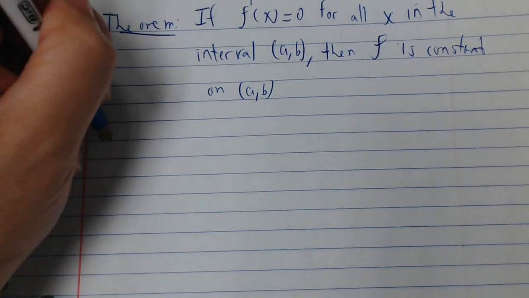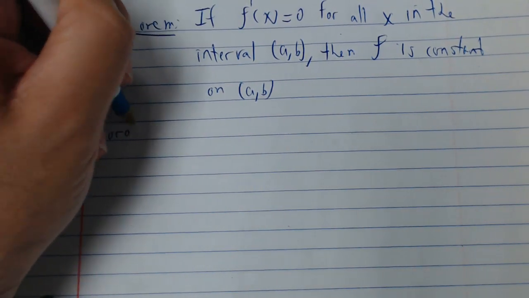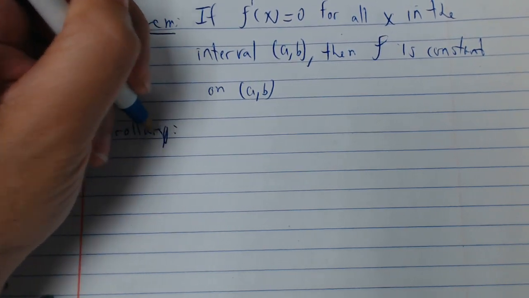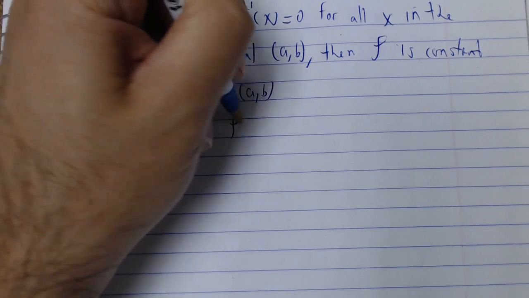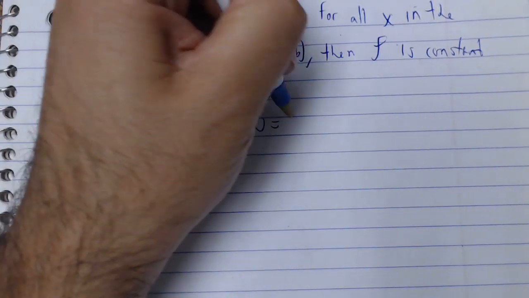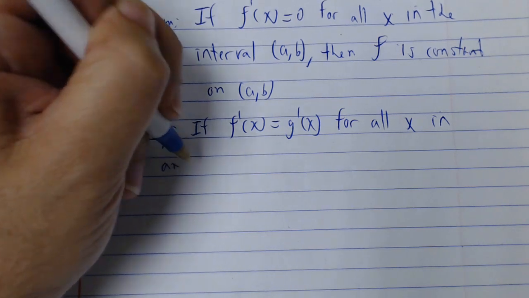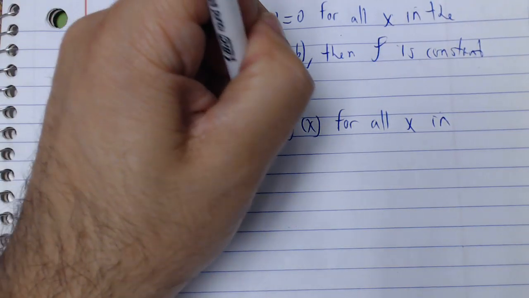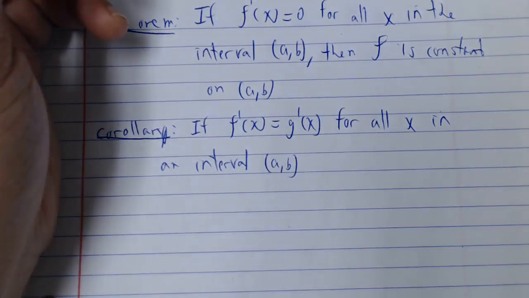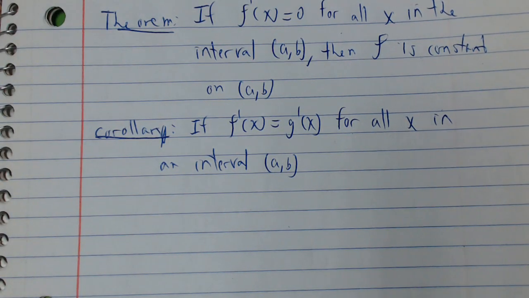Let's go on to our next corollary, and then we'll do one more example, and that'll basically wrap up this section. So this corollary says the following. If f prime of x equals g prime of x for all x in an interval from A to B, then what would you say about f and g?